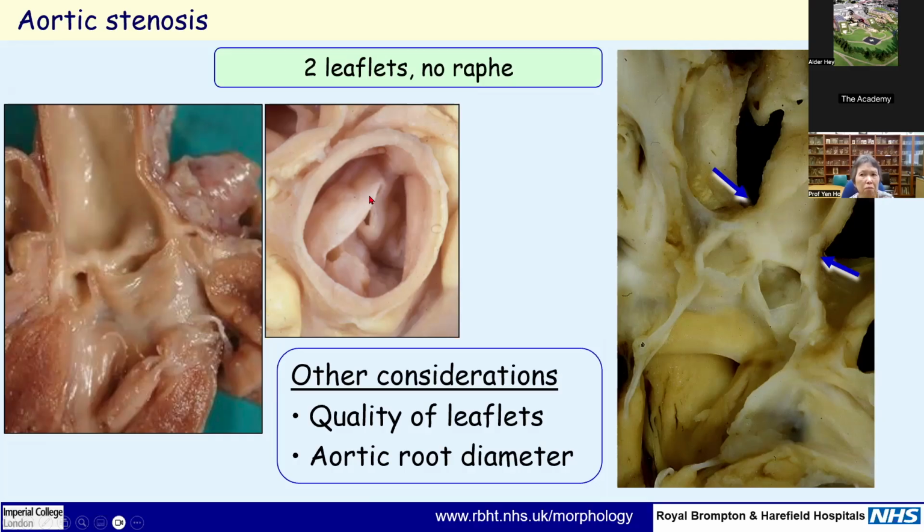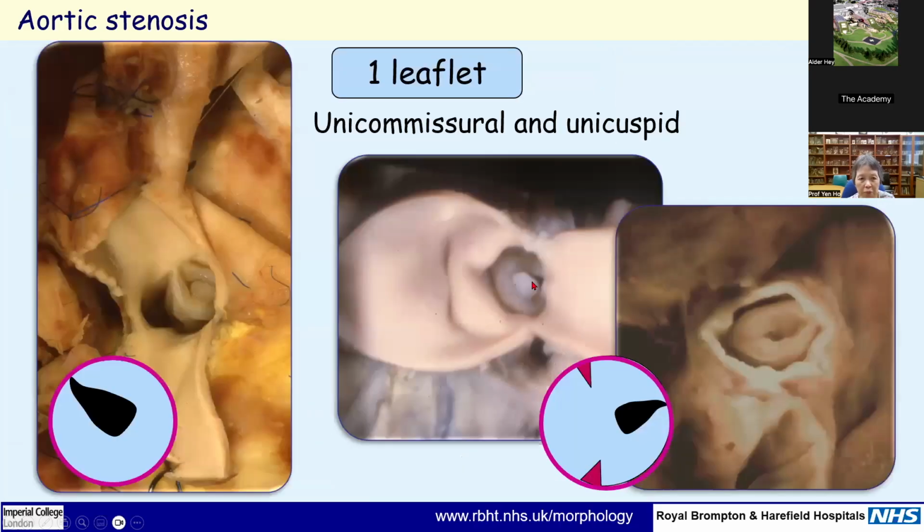This one is from a teenage patient. Actually, the leaflets are very much thickened and stiff. I think that was the substrate for stenosis. In this example, it was associated with a narrowing of the aorta at the sinutubular junction.